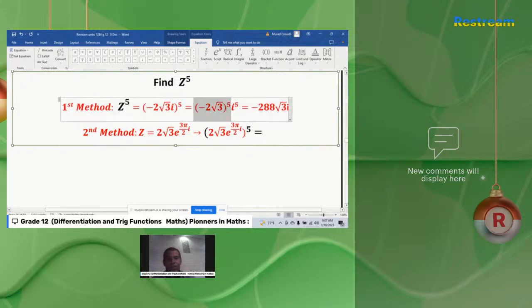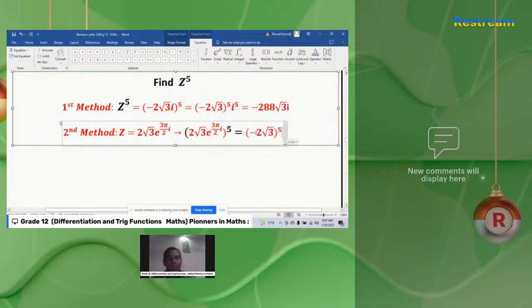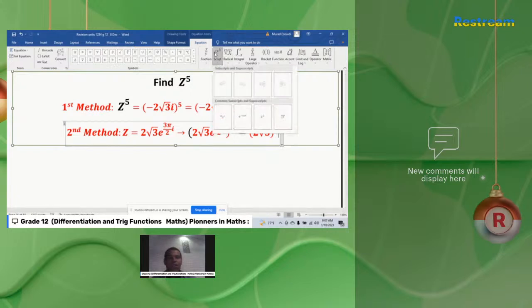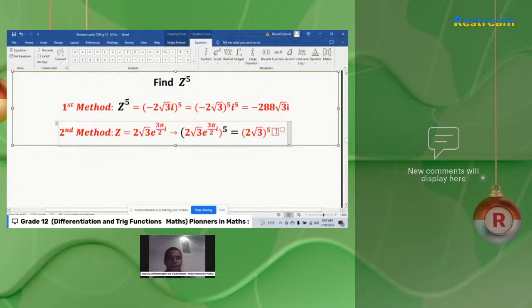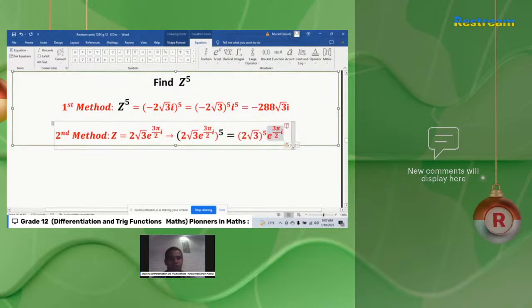I will use this one because I did it before for the modulus. Equal this. I will write this negative sign. Okay, then multiply by what? Multiply by exponential 3 pi over 2 i, all to the power 5. Okay, this one I will make like that.